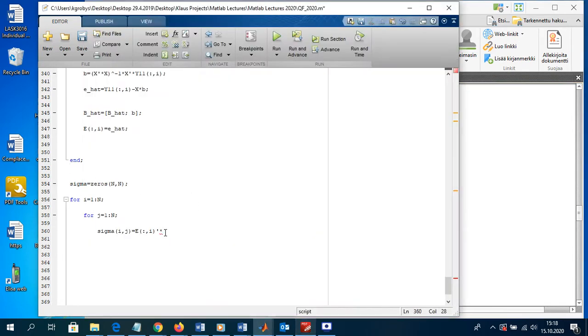And we know already the covariance matrices have something in common: they are symmetric. So if you transpose them, you get the same thing again. So now we multiply it with E, and now we want to have the column j, and we have to divide it by capital T.